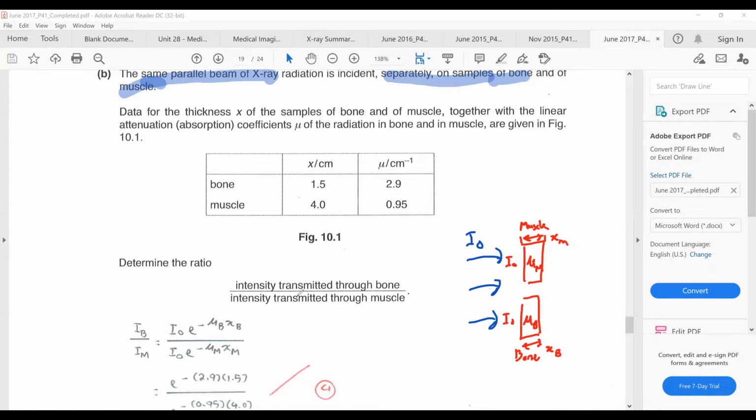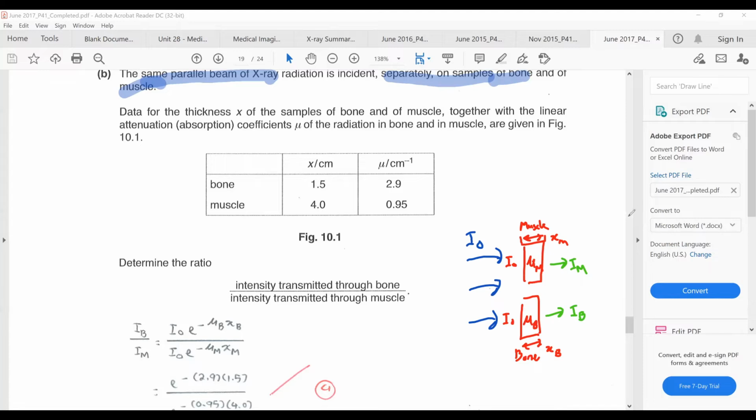Basically, they want the intensity remaining after passing through bone and after passing through muscle. So this one here would be your I_B, this one will be your I_M.